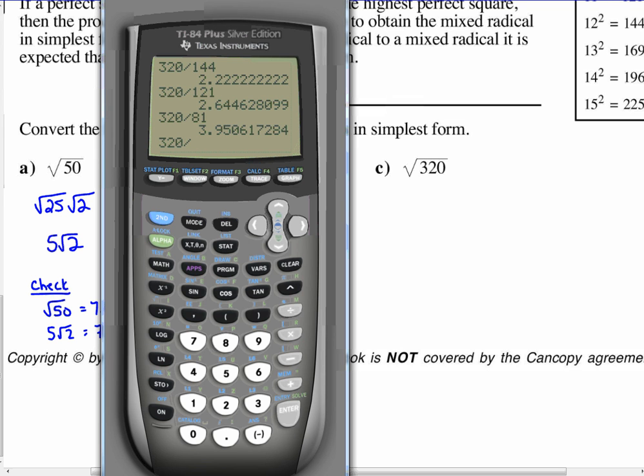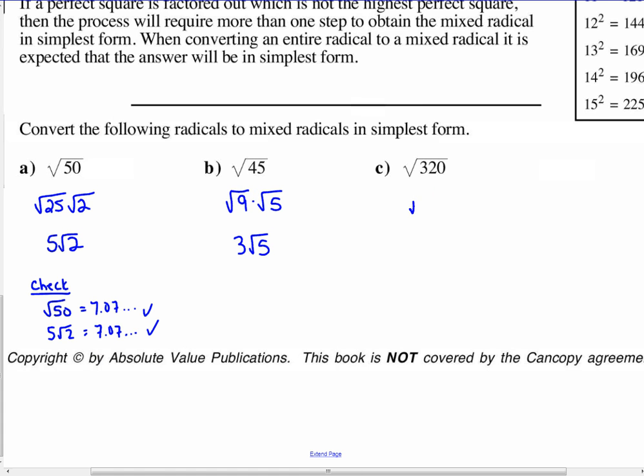No. And 64? Yes. 64 times 5. So how would I write it? Root 64 times root 5. The square root of 64 is 8. So 8 root 5.